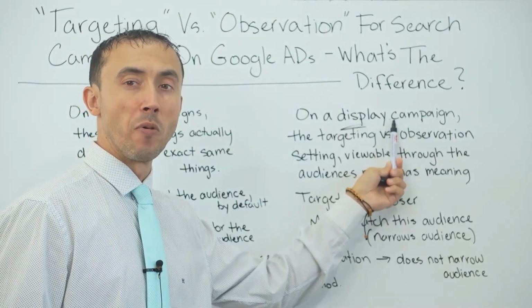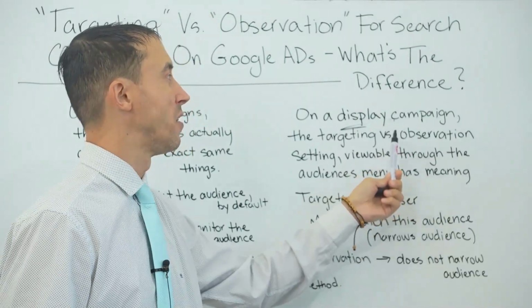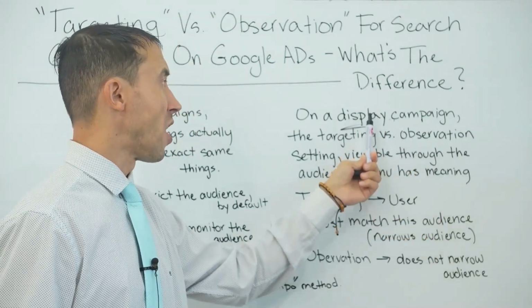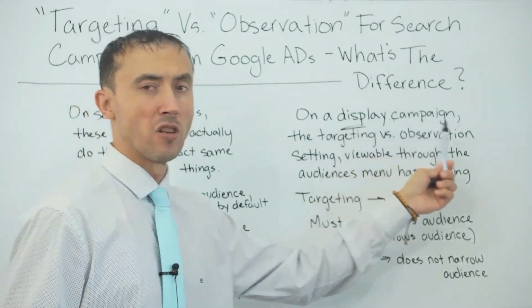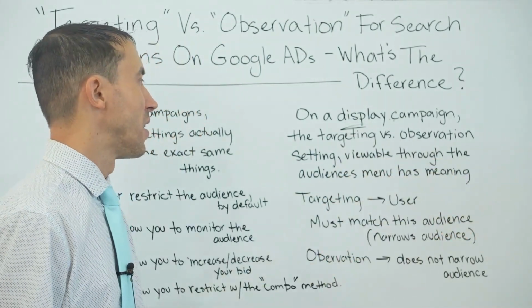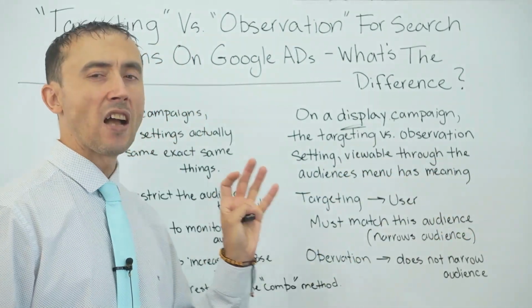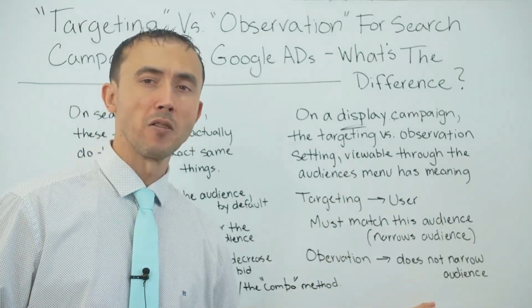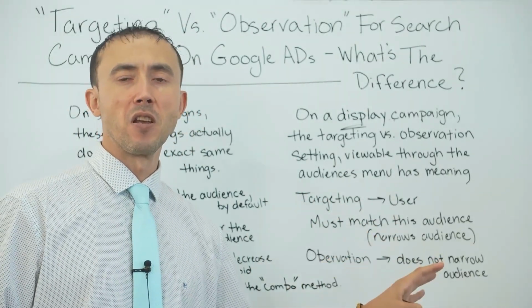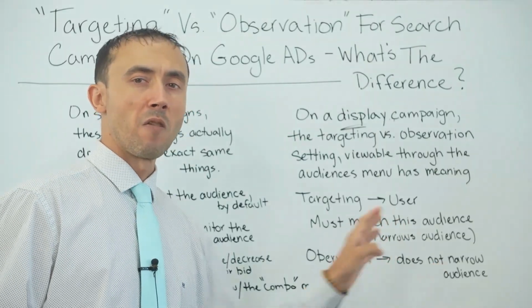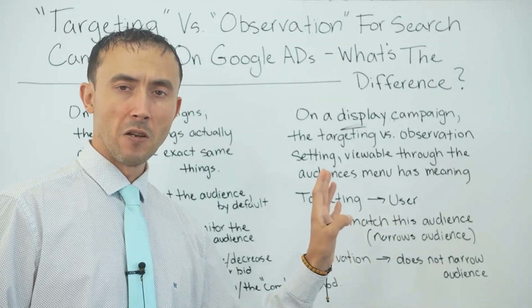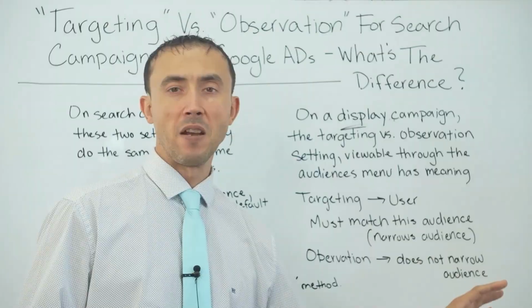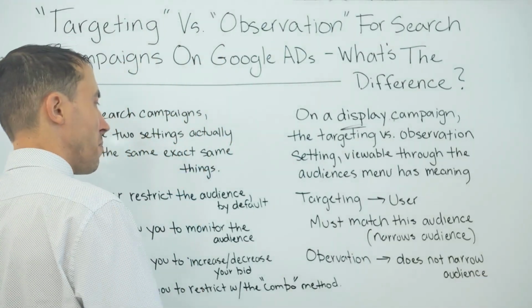If you open your display campaign, assuming you have one, and you go to audiences and your audience targeting, that targeting versus observation will still be there as well. And what that actually does for a display campaign is the following. Even though we're not talking about display campaigns here, there are other videos that talk about targeting versus observation for display campaigns, including one I've made as well, that you can search from my channel homepage.